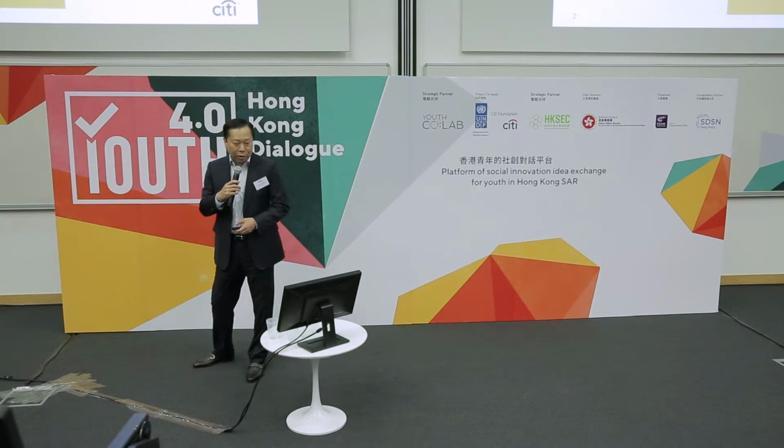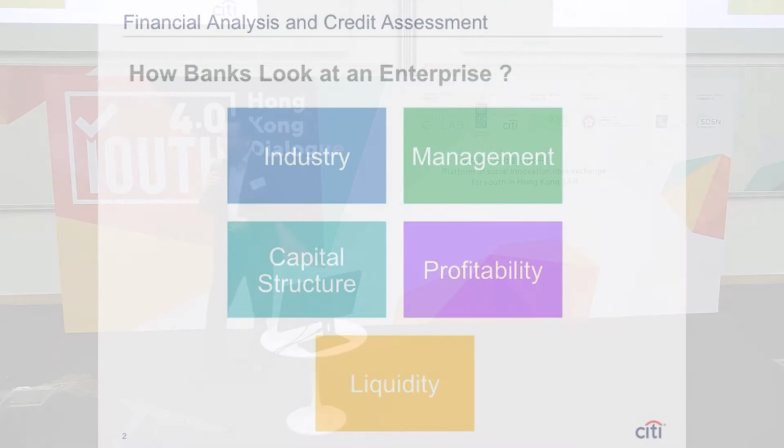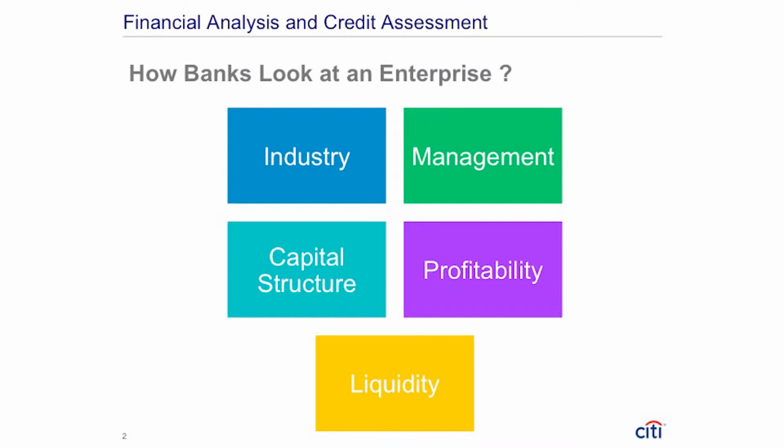So there are 5 elements that I'm going to talk about today. The top 2, the industry and management, are what we call the qualitative factors that we look at. The bottom 3, capital structure, profitability, and liquidity, are the financial aspects, the quantitative aspects that we look at.